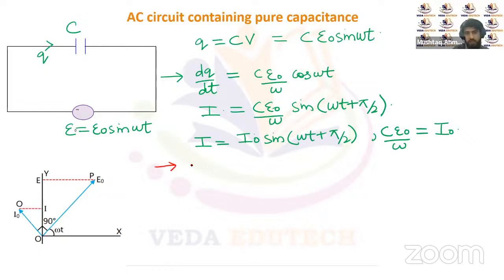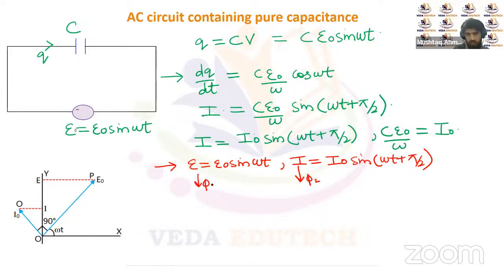The phase difference between the current and voltage: E is equal to E naught sine of omega t, and the current is I equal to I naught cos of omega t, that is I naught sine of omega t plus pi by 2. So here once again the phase difference between the current and the voltage is pi by 2.